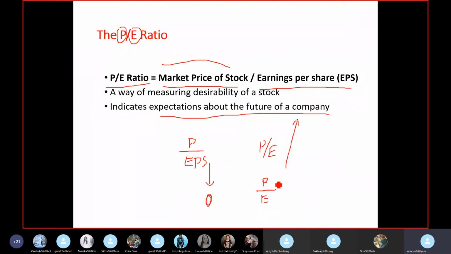This case shows that the company's future is not good. If the PE ratio changes fast, it shows that the company's expected future looks like it is going to shut down. And on the other hand, people dislike the PE ratio of those companies as well.